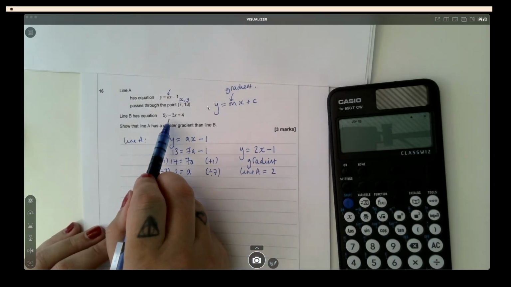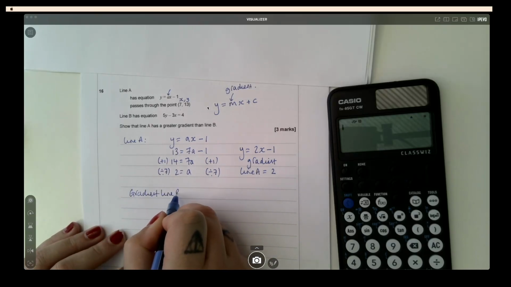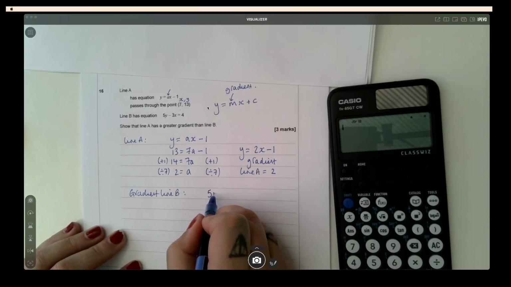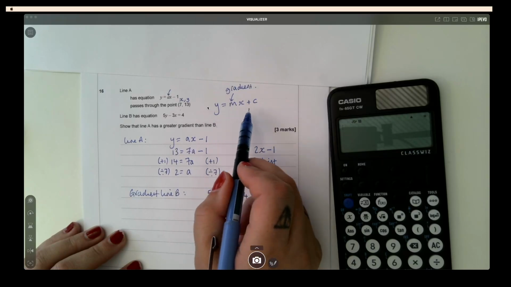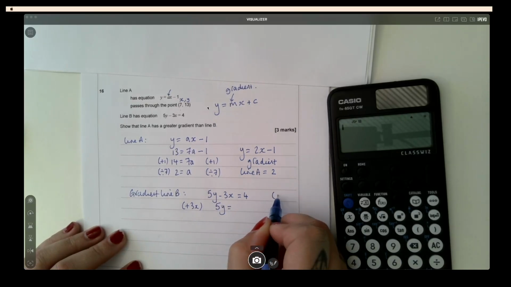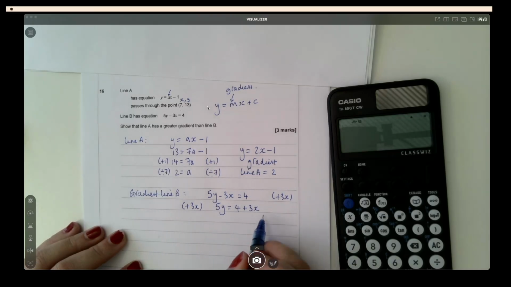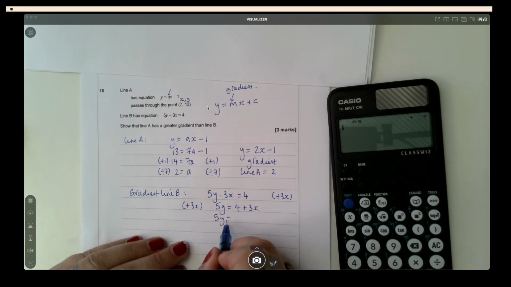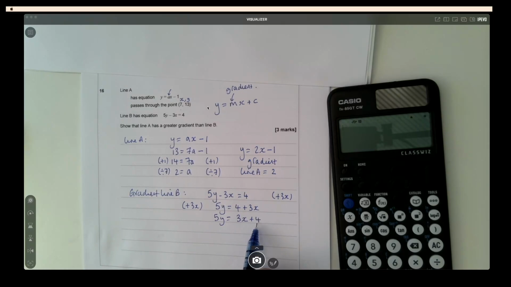Okay, now we need to find the gradient of line B. So we're given 5y subtract 3x equals 4, but it isn't really in this form. So I'm going to rearrange this equation. I'm going to add 3x to both sides, because then this moves my 3x over to this side. So I'll just rewrite that slightly to make a little bit more sense. So now we've got our mx plus c.